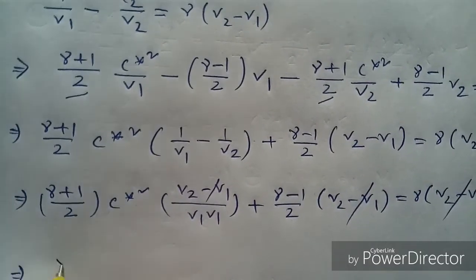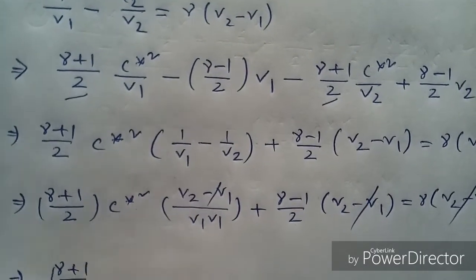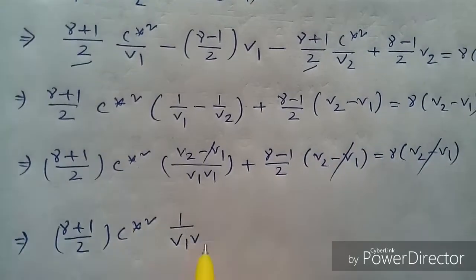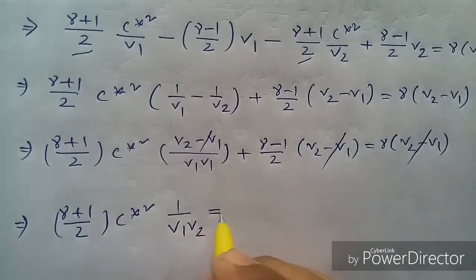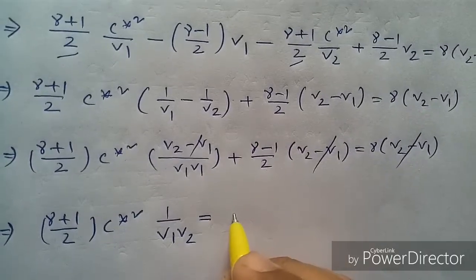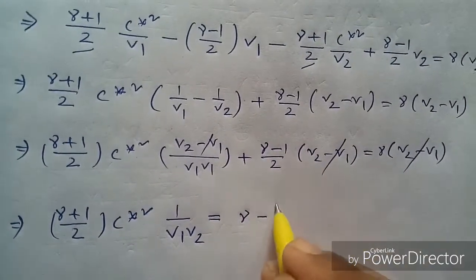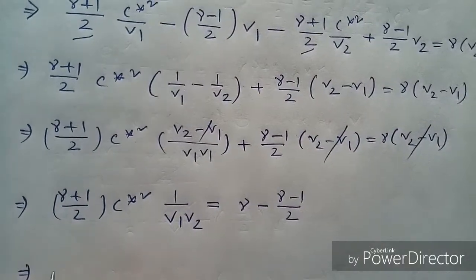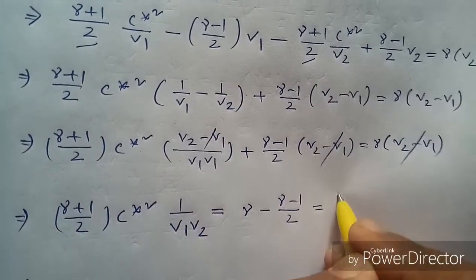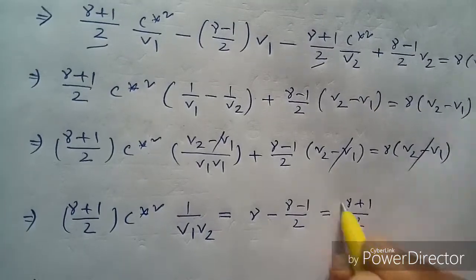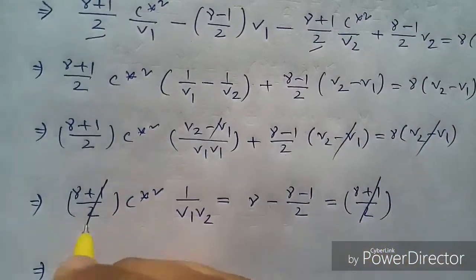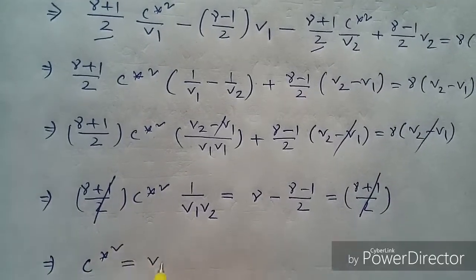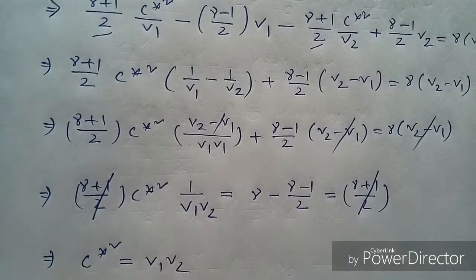So (gamma plus 1) by 2 c star squared times 1 by v1 v2 is equal to gamma. You can take it to the right side, so here you will have (gamma plus 1) by 2, so this and this will cancel out, so you will have c star squared is equal to v1 v2.